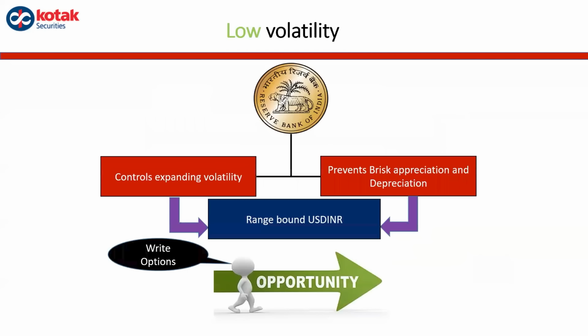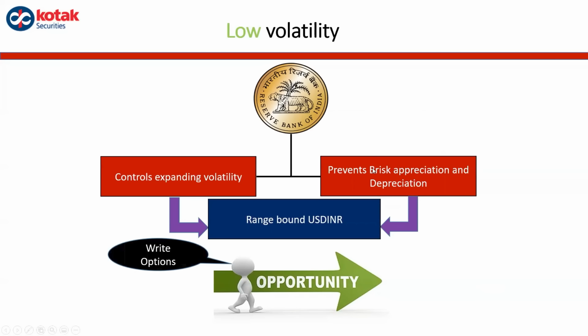The third point is low volatility. If you have been in the currency market for quite some time, you know that RBI intervenes in the currency market from time to time. This is basically done when there is volatility expansion. When there is extreme expansion in the volatility, RBI is uncomfortable with it, and they participate in the market.